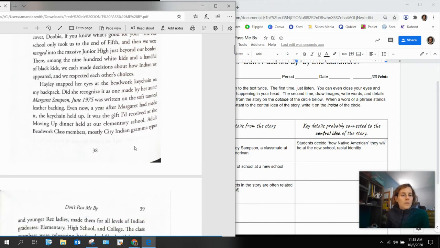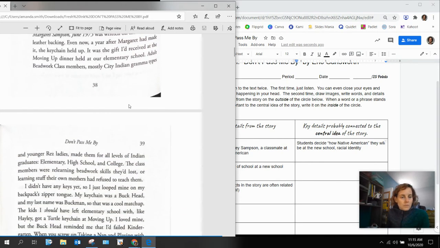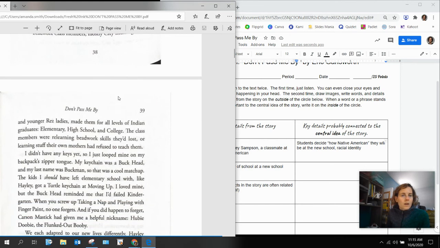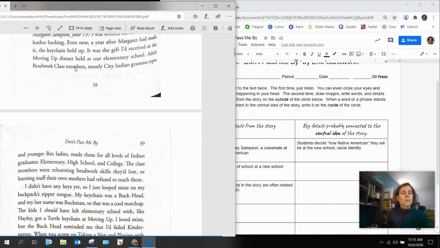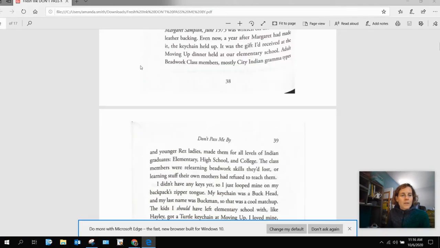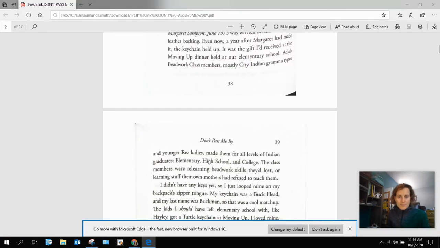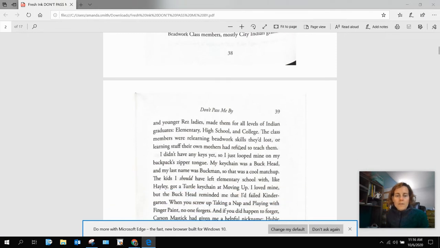Moving on. So he's talking about the keychain. Okay, adult beadwork class members, mostly city Indian grandma types, and younger res ladies, made them for all levels of Indian graduates, elementary, high school, and college. The class members were relearning beadwork skills they'd lost or learning stuff their mothers had refused to teach them.